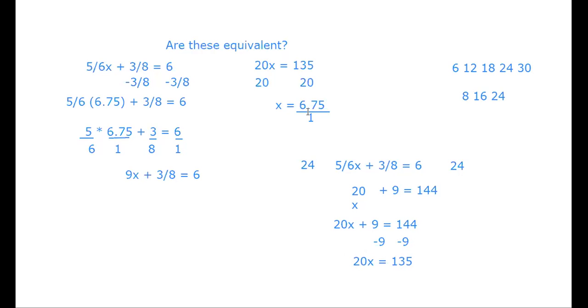I didn't even need to solve it for x because now I have both of these in the same format. 20x equals 135. Seems confusing, I know. That's probably the most difficult problem that a lot of people are struggling with in their first couple of lessons in Odysseyware.